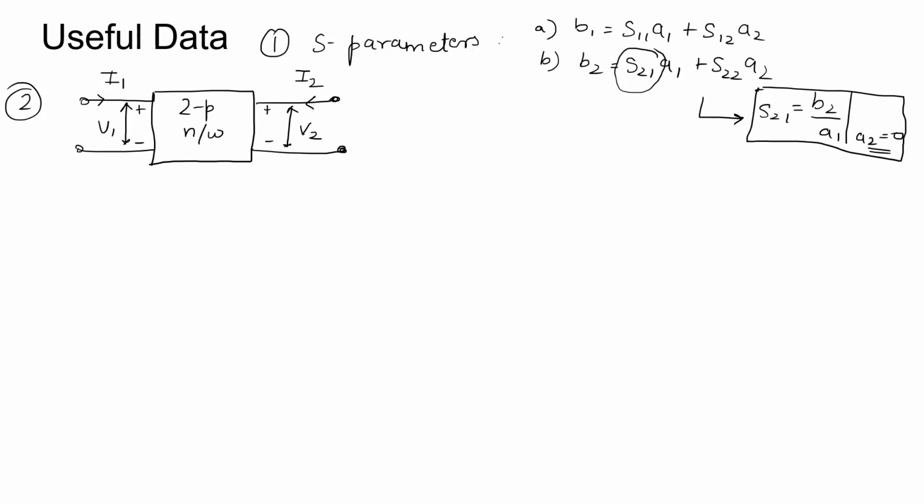Even if we have a passive network here, say a resistor and nothing else, it will consume the current. So whatever the actual current is, I2 is minus of that current. Let's say here it's I, so I2 is equal to minus I.